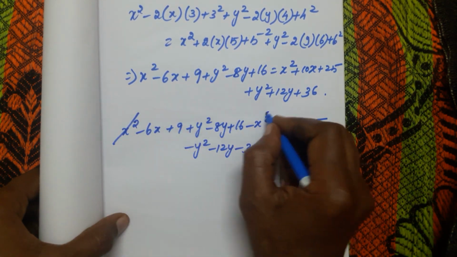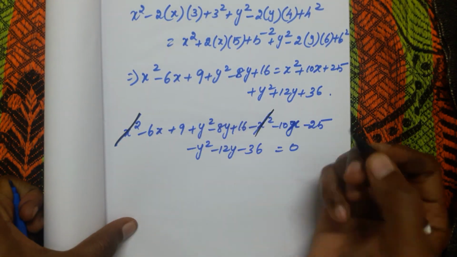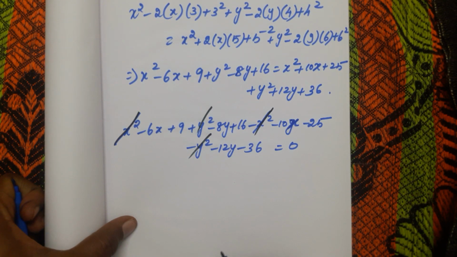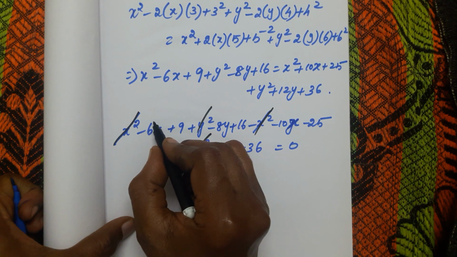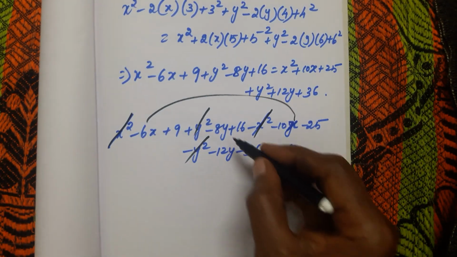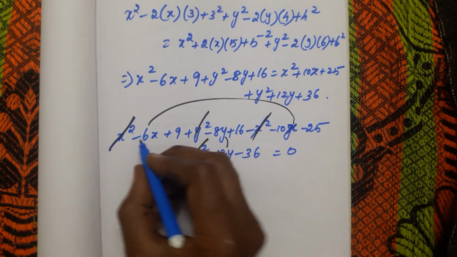Here x square minus x square cancels, and y square minus y square is equal to 0. Next, the x terms: both are x, and we can add them. Both are y terms, and we can add them. When we are adding, what are we getting?